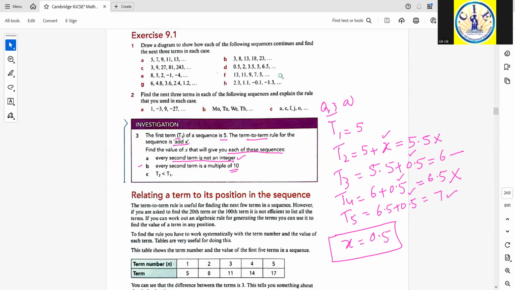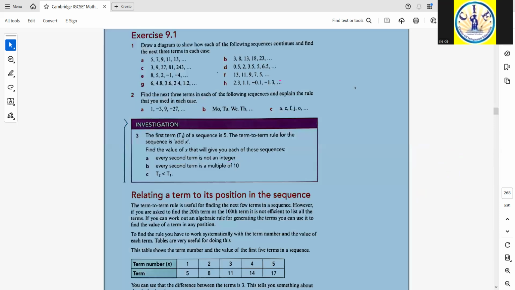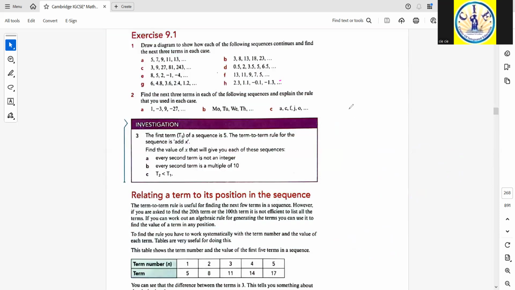So for part B, if T1 is 5, then T2 should be 5 plus x, which if I add 5 to it, now that becomes 10.